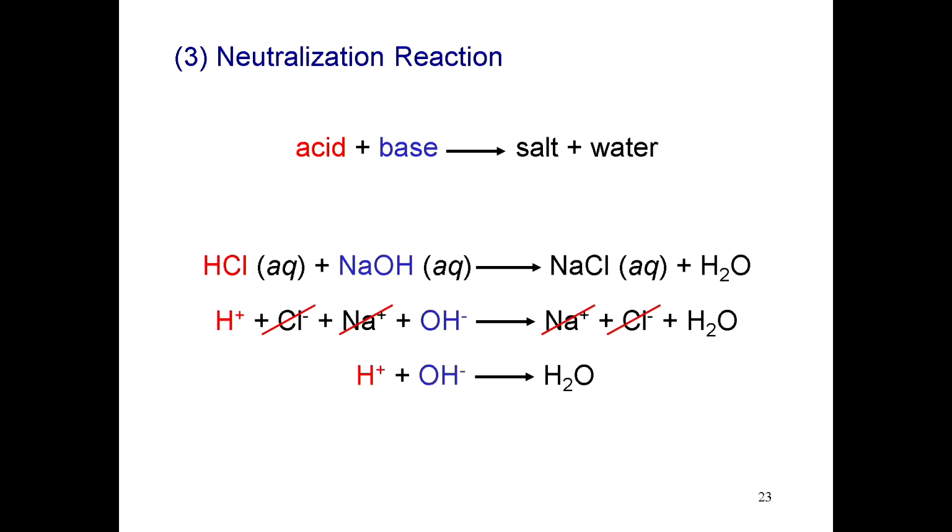So this is the second one. Second one is about this acid base reaction. This kind of reaction is called a neutralization reaction. When acid reacts with base, it will give the salt and water. For example, this is the acid, this is the base.